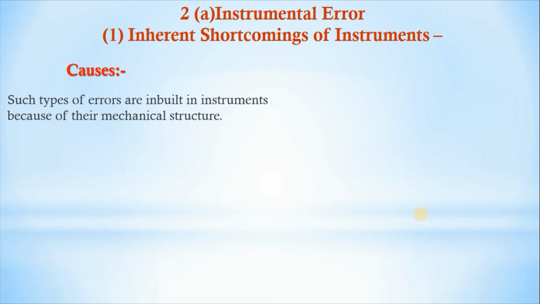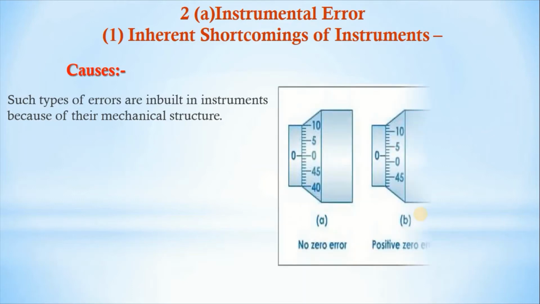These types of errors are inbuilt in an instrument because of their mechanical structure. Whenever they are manufactured, if they are manufactured in a wrong manner, or there is an error in the assembly, then inbuilt errors are there. So this is taken as instrumental error.